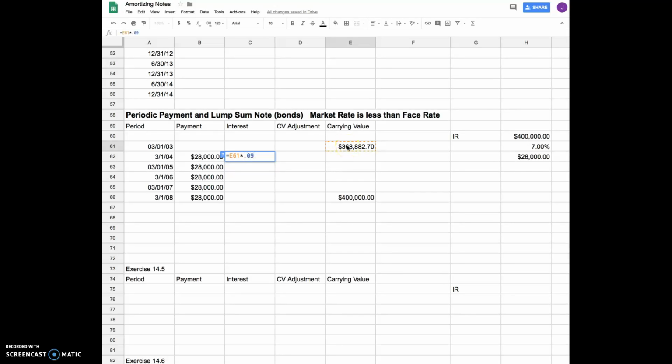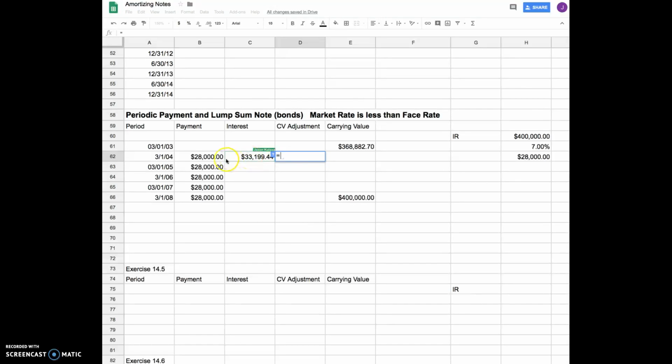And again, if it was a semi-annual bond, I would need to divide by 2. If it was a quarterly bond, I would need to divide by 4, but since it's annual, I'll just divide by 1. I really don't need to do that, but just to show you what it would look like. The interest payment should be $33,199.44. However, I'm only paying $28,000, so I need to make an adjustment.